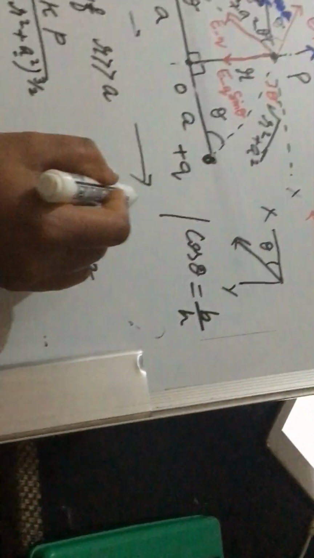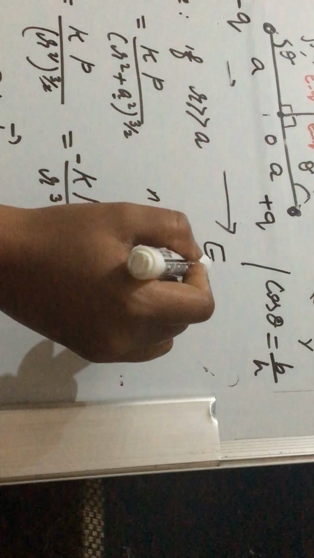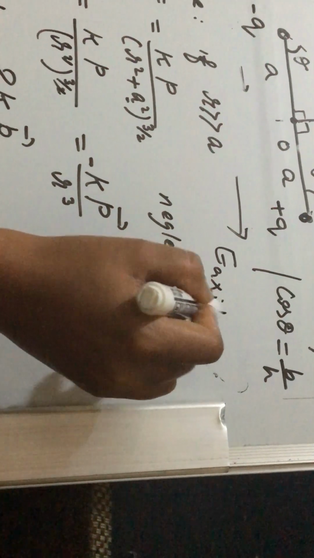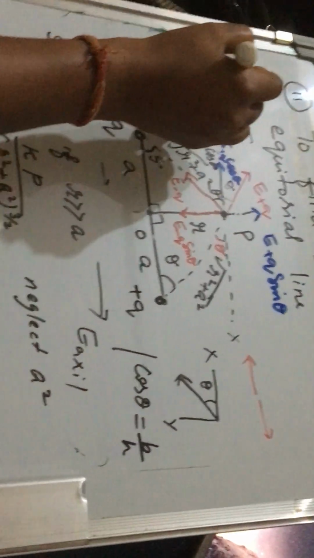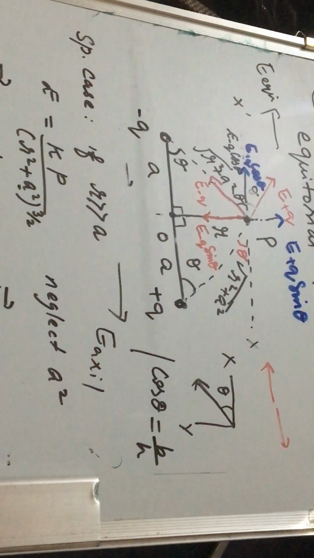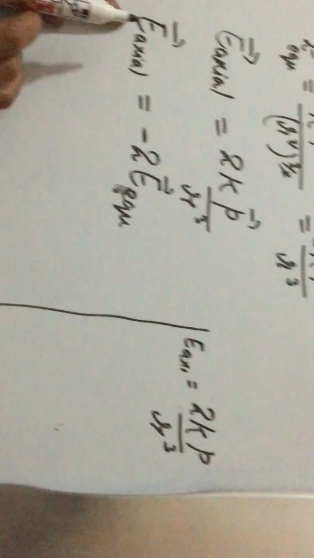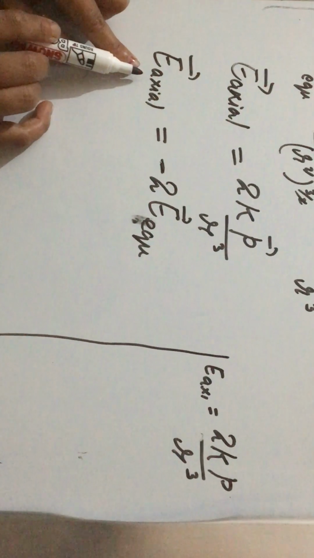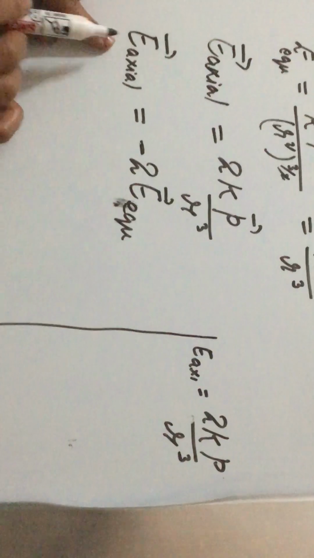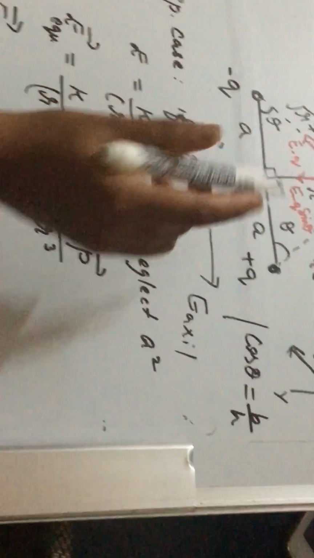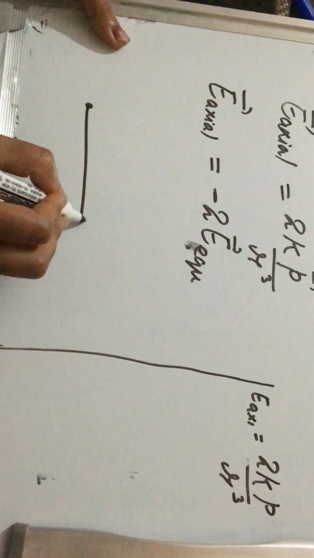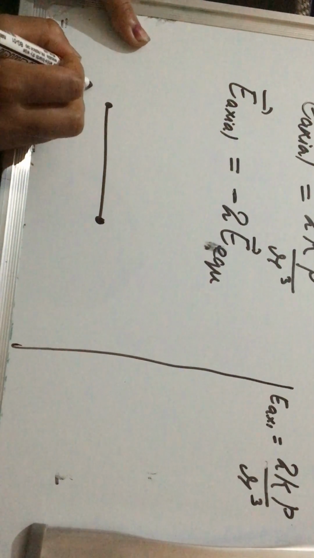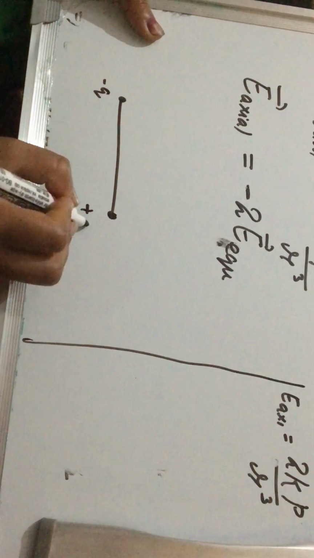So on the axial line, if this is the direction of electric field, on the equatorial line, this is the direction. What about the magnitude? Let me elaborate a little bit: minus q, plus q.